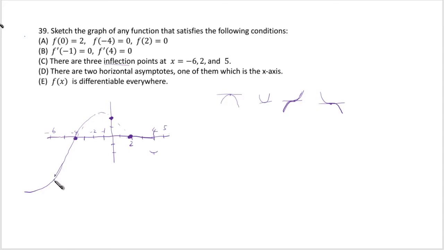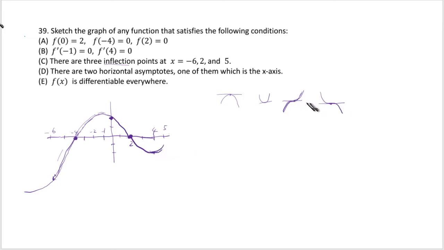Okay, so there's some kind of concavity here, and the concavity changes right here. And then from concave down, it becomes concave up. We know that it has to be horizontal tangent, so it continues to be concave up.